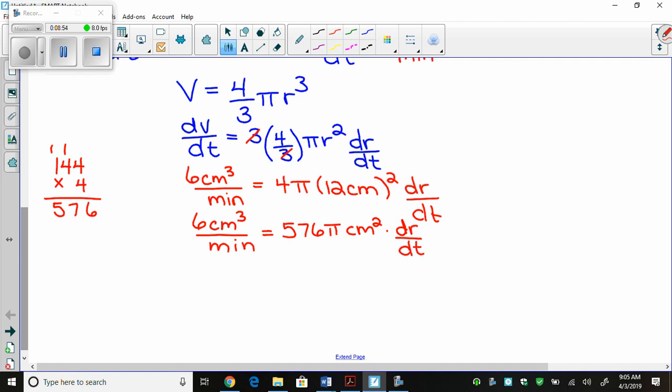So we're going to divide by 576 pi centimeters squared. Dividing by that number is also like multiplying by 1 over that number, correct? Because this is a fraction over here, it'd be dividing by 576 to be on the bottom. Well, that would look weird. So if we went 6 centimeters cubed per minute divided by 576 pi centimeters squared.